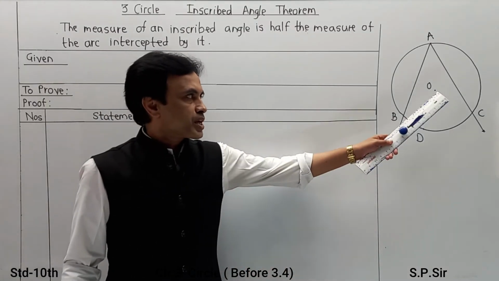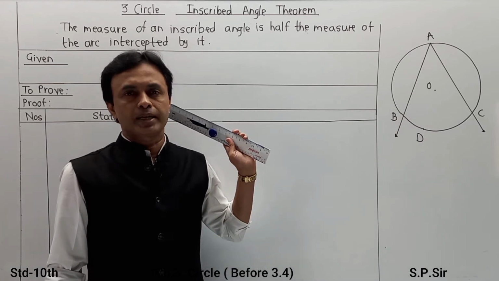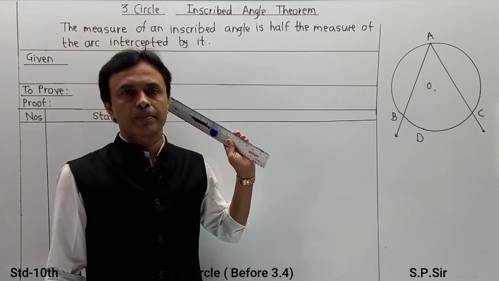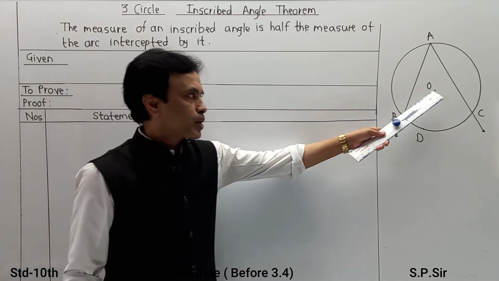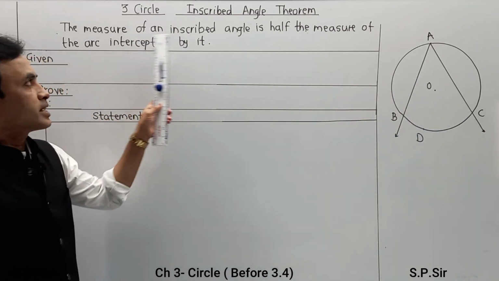So now students, as per this diagram, we are going to write given, to prove and other parts. One by one, what is given: O is the center of the circle and BAC is an inscribed angle.